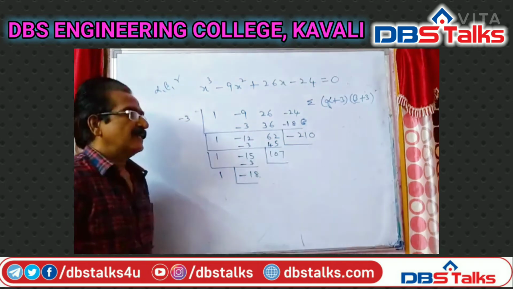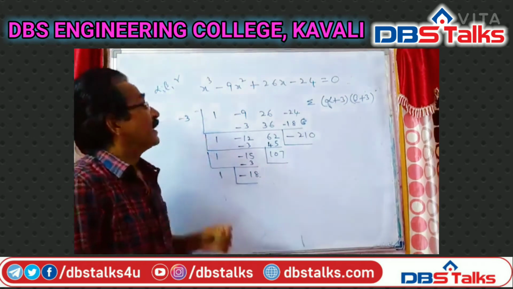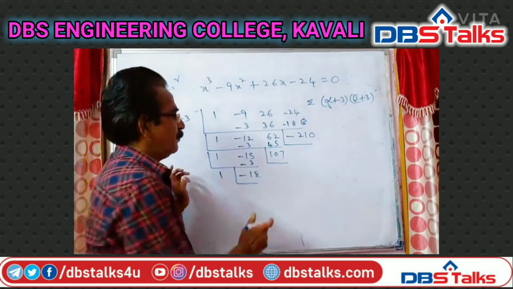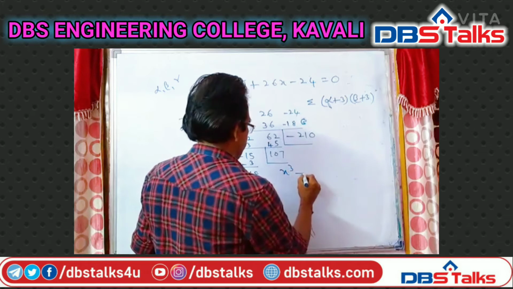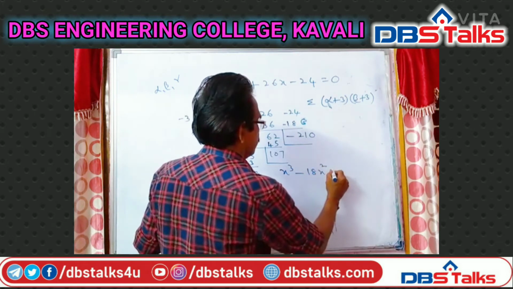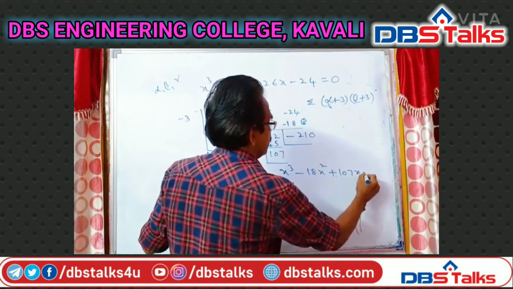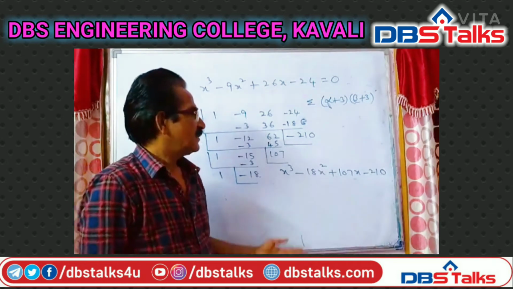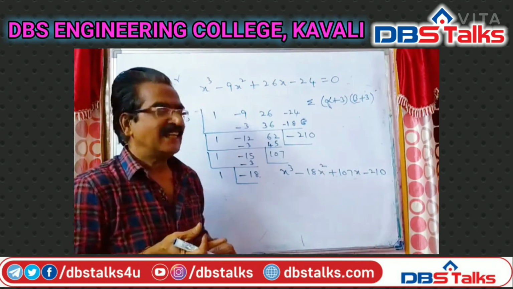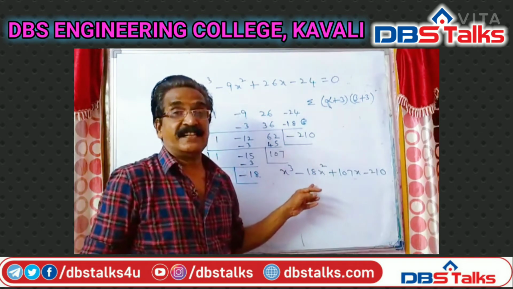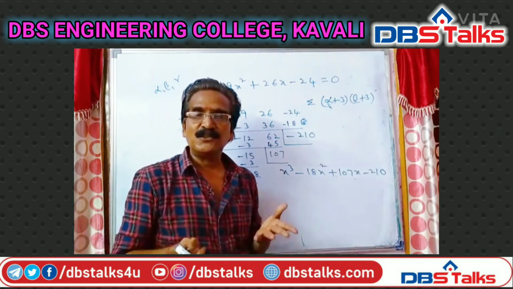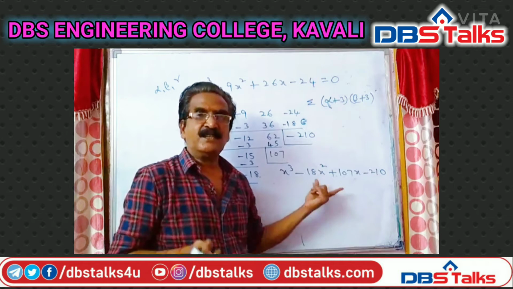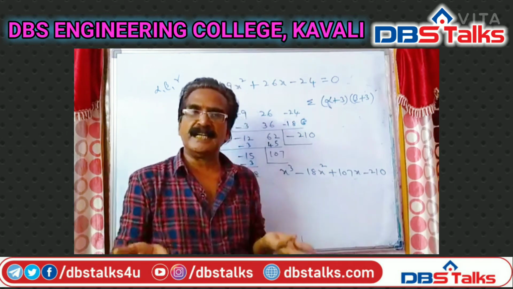So here the required equation, that is the transformed equation, is x cube minus 18x square plus 107x minus 210. Right friends? This is the equation whose roots are alpha plus 3, beta plus 3 and gamma plus 3.